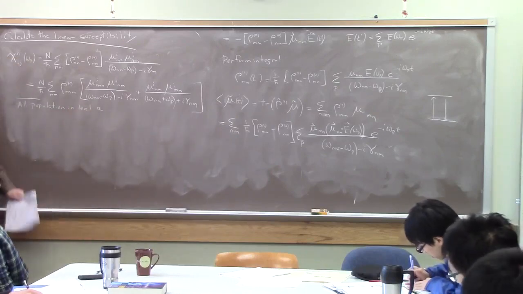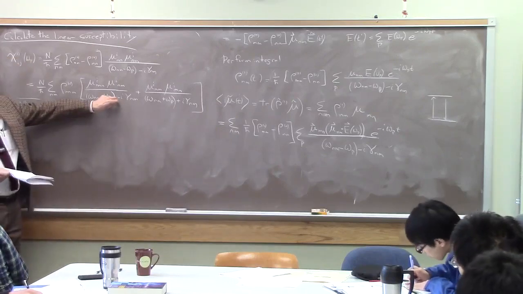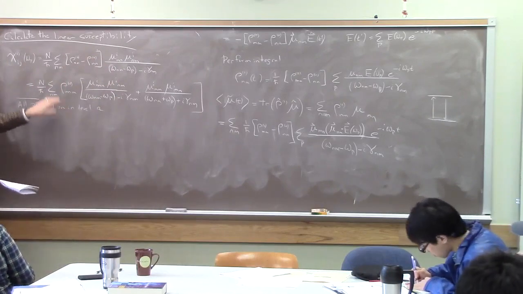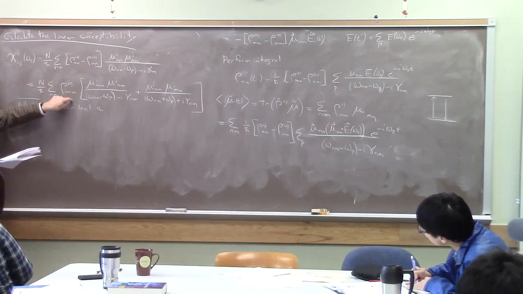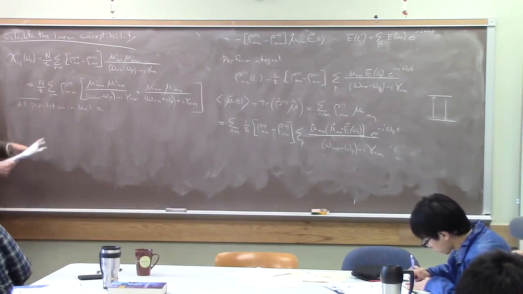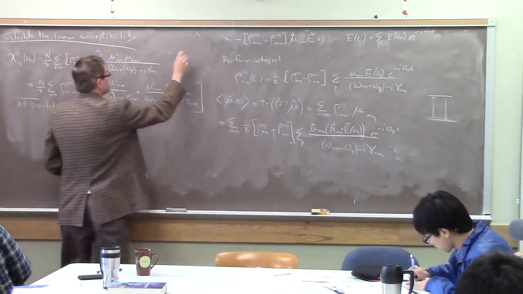So you can amuse yourself by looking at this equation in its various limiting forms. I will do it for just one limiting form here, and that is the one in which all of the population is in one level.